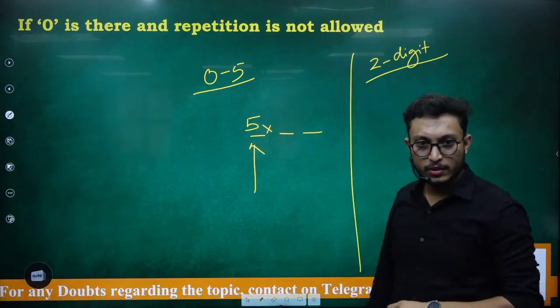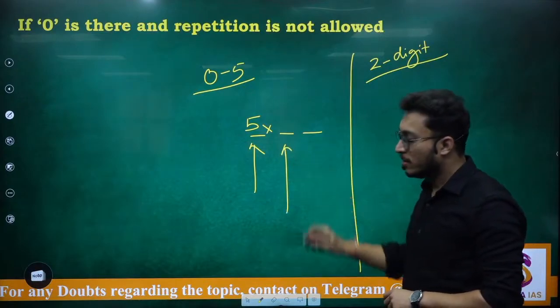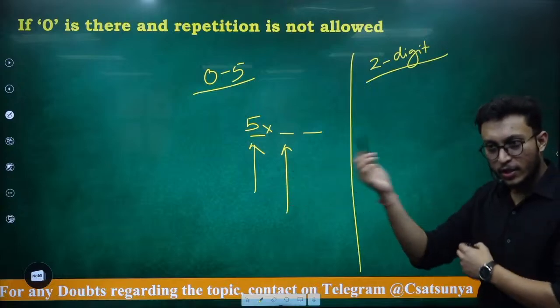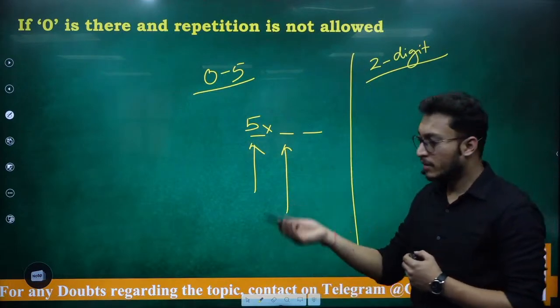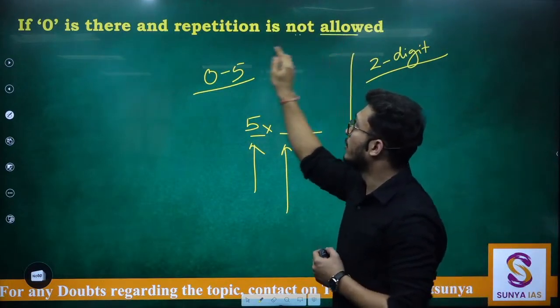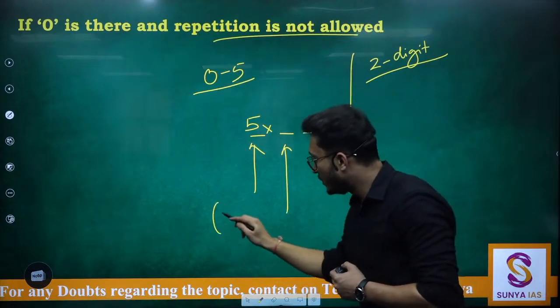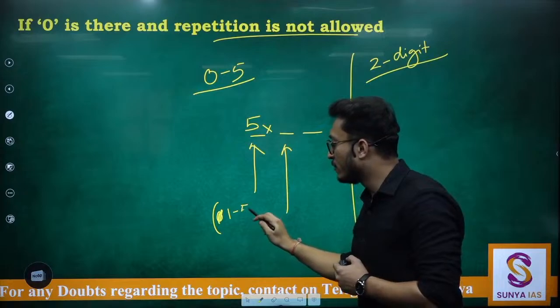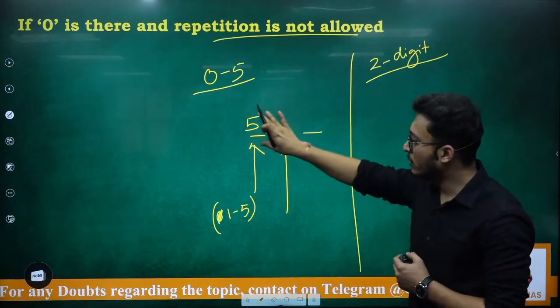Next, 6, 5 options. Why? We cannot repeat the digits. Be careful here when repetition is not allowed. I have digits from 0 to 5 total. Here I filled any one of the digits from 1 to 5 in this first place.